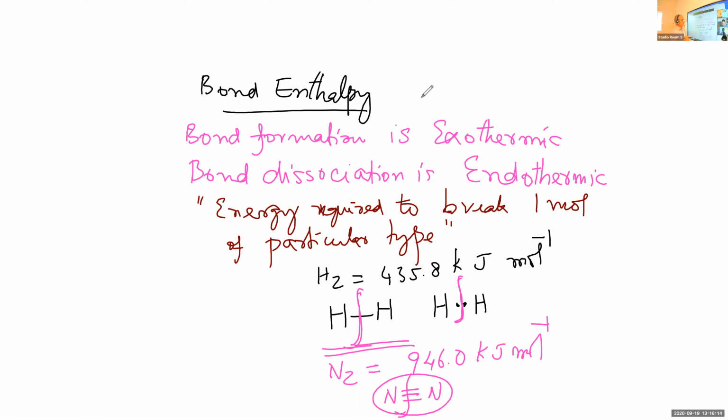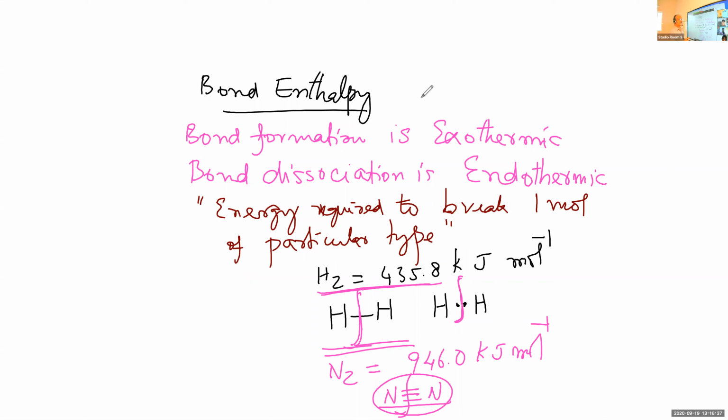Bond enthalpy. Now you come to these values, hydrogen and nitrogen. For hydrogen as well as nitrogen, the bond enthalpy values are high values. For example, you take nitrogen.